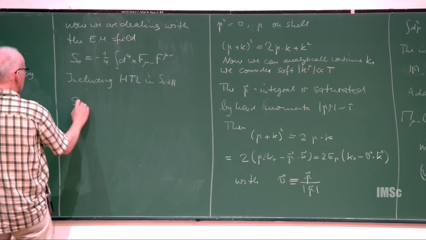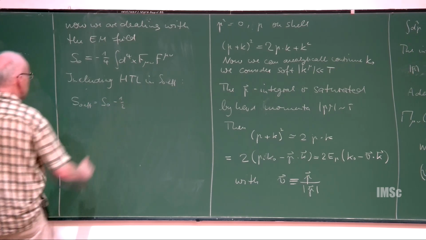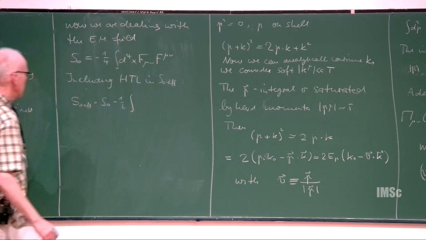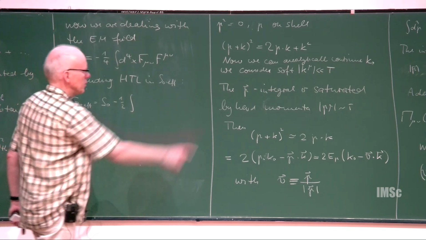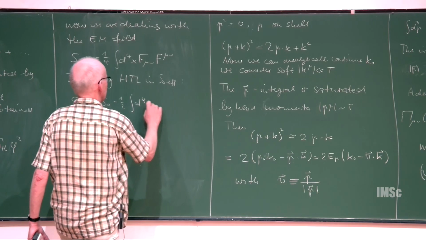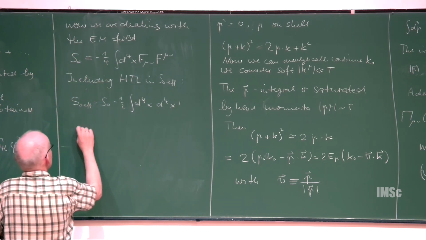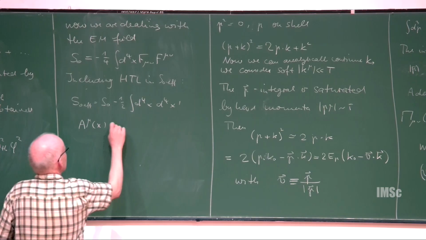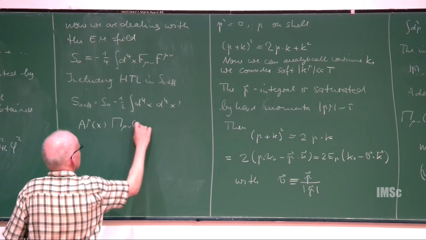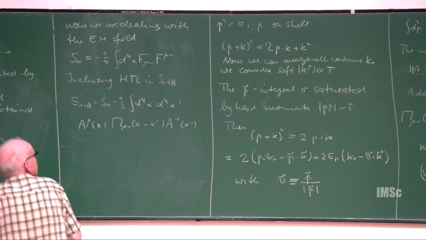S naught effective is S naught, and then -1/2. To get to this expression, we have to Fourier transform, go into position space, and plug this in: integral d^4x d^4x prime, A mu of x, then the Fourier transform of that object, Pi mu nu of x minus x prime, and then A mu of x prime.